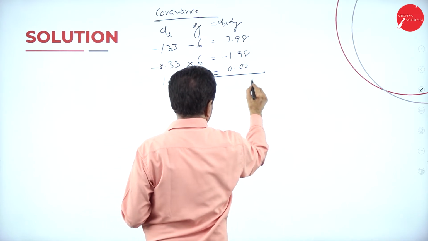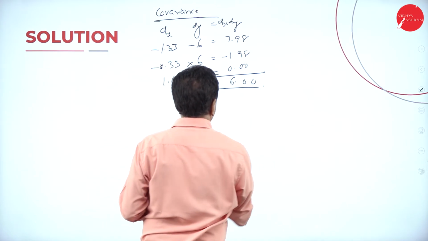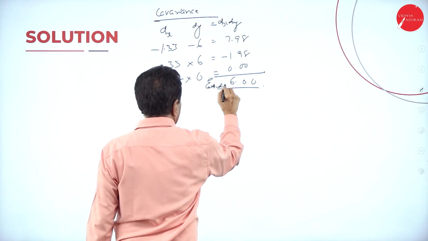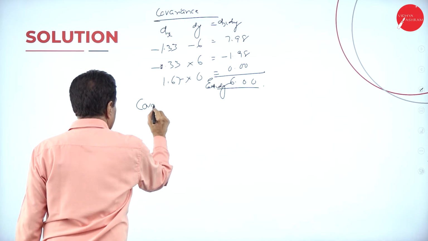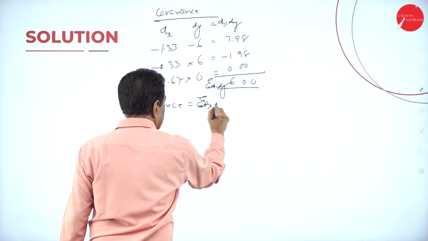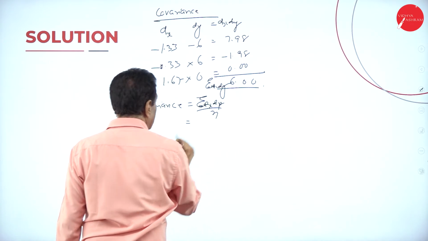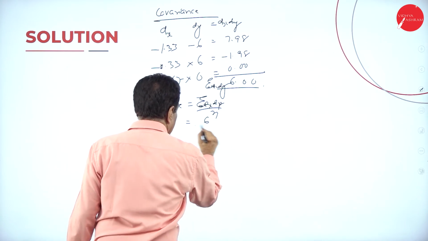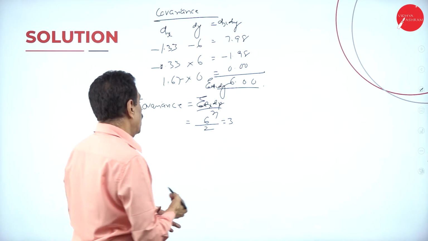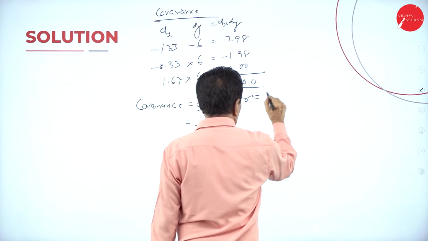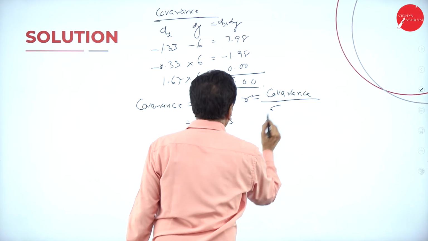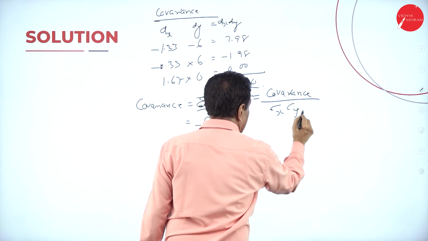Deduct. This is 6, sigma dx dy. Covariance is equal to sigma dx dy divided by n. This is 6 divided by 2. This is 3. Then R is equal to covariance divided by standard deviation x into standard deviation y.